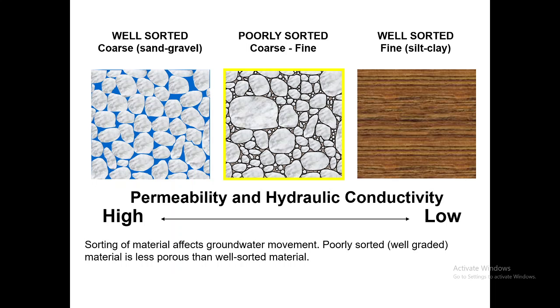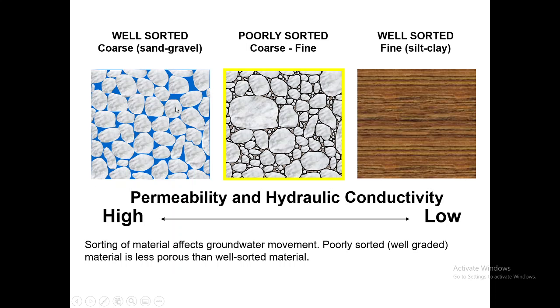And now, based on that, you can easily differentiate how water movement can be affected by this kind of situations. So, well sorted is having the same kind of pores, the same kind of solid particle, and it is giving us wider spaces.